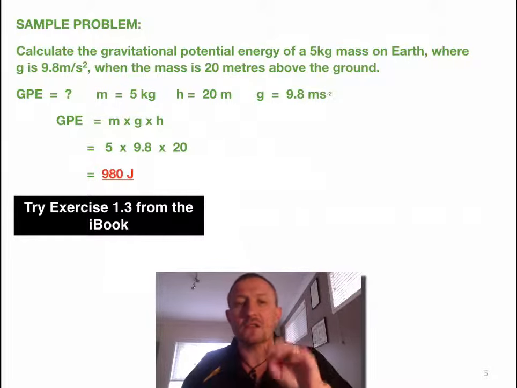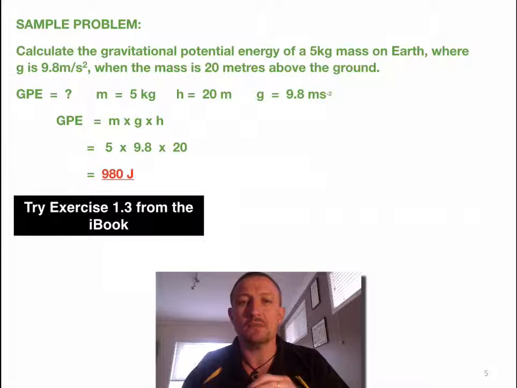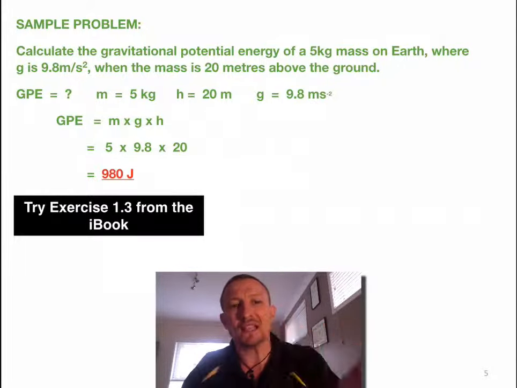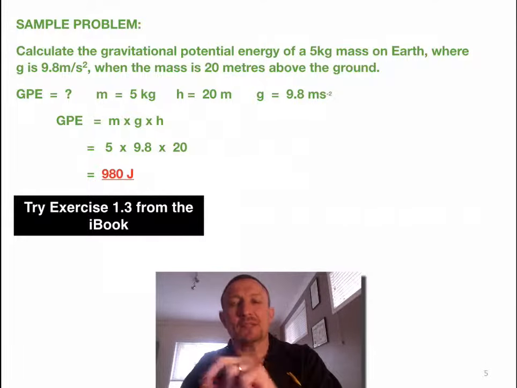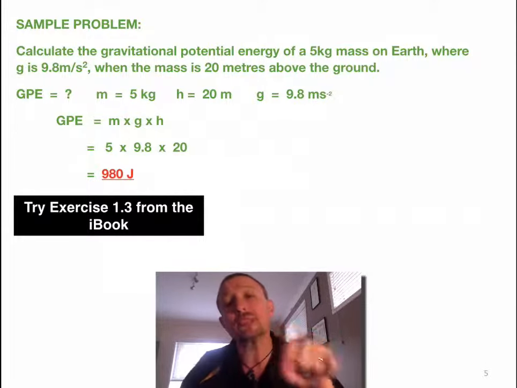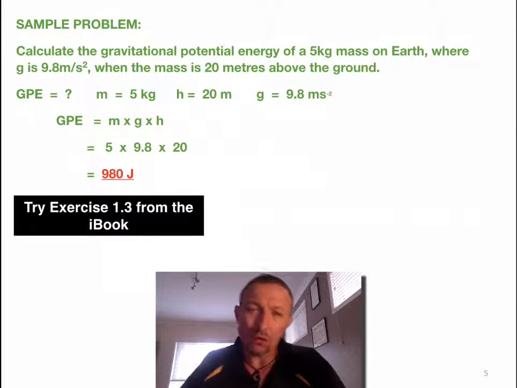The height is 20 meters. It's in meters, don't need to convert it. And finally, it states that I've got to use g as 9.8 meters per second squared. So 9.8 m/s², or ms to the negative 2, or m/s², it's all the same.